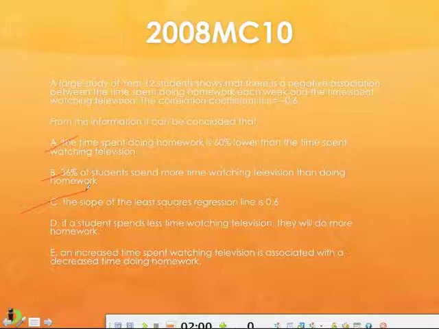So we can't say if you spend less time watching TV, you will do more homework, but we can say there is an association between them. And that's the difference between those two basically, is that one word, as opposed to they will. You can't say they will, you can say they may. You can say there's a link between them. But you can't say they will.